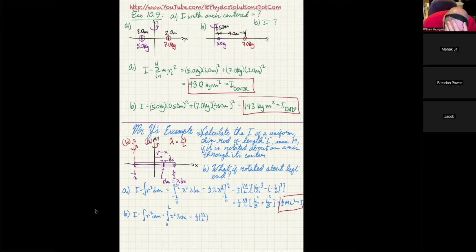And then it's x cubed from 0 to L. So we get 1/3 M over L times L cubed, which equals 1/3 M L squared, and that's I about the end.